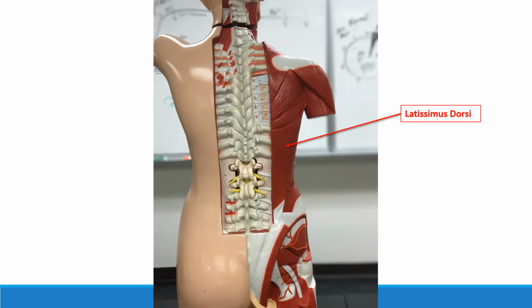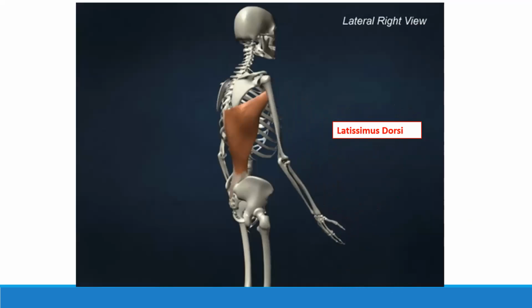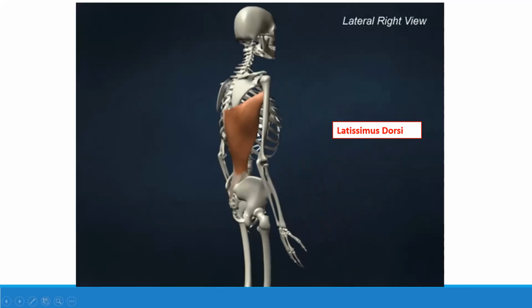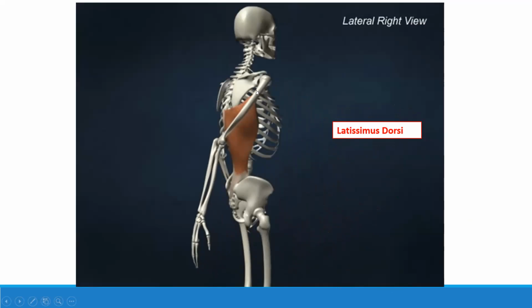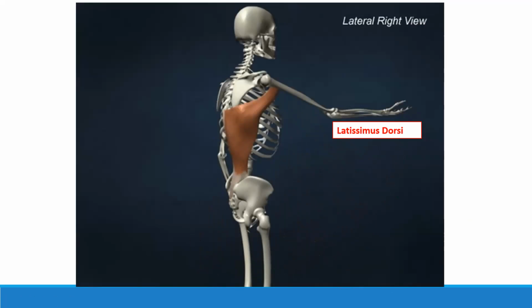So there's a latissimus dorsi. And again, one of our actions, look how it inserts itself on the humerus, and all that force from the latissimus dorsi can be transferred to that humerus for any kind of forward type action. So it's pretty amazing.